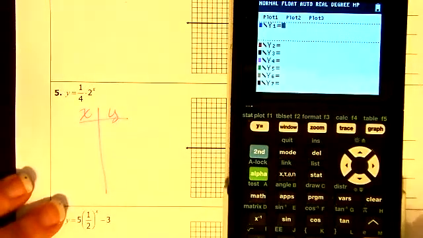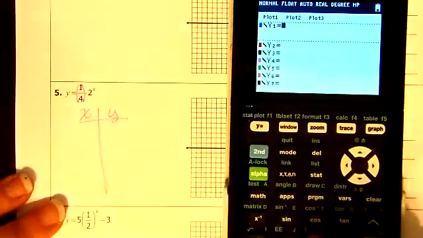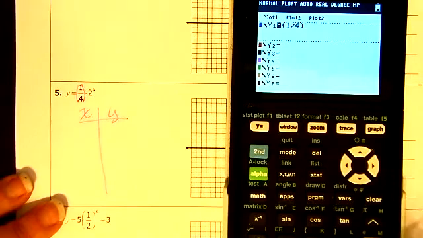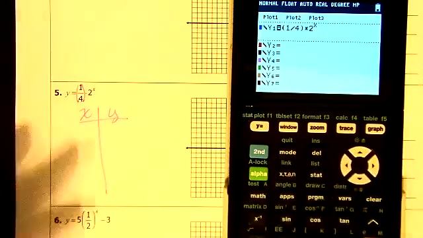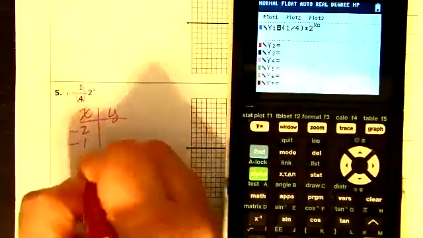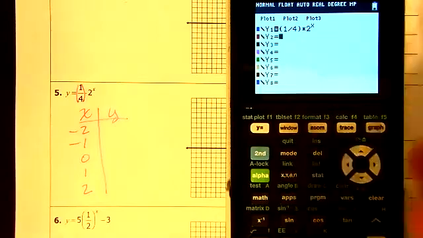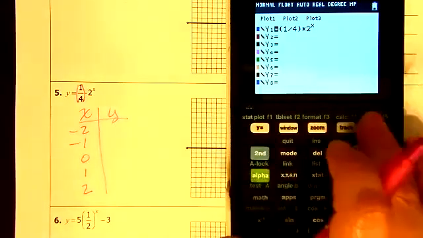I'm going to actually put this 1/4 in parentheses. Open parentheses, 1 divided by 4, close parentheses, times 2 raised to the x. We have our table -2, -1, 0, 1, 2. And let's see what we end up with. Let's go to the table. Second table.